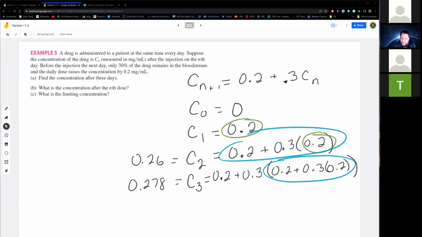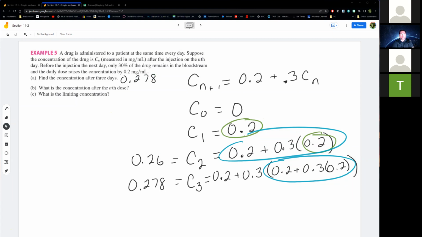That's in essence what we're doing. We're taking the previous value, multiplying it by 30%, and adding the 0.2 back to it. And then it just keeps compounding on itself. So after 3 days, there's 0.278 milligrams of the drug in your system.